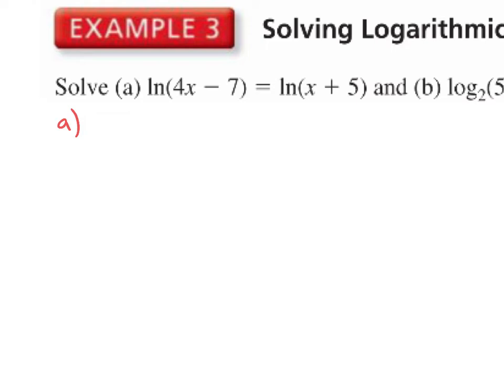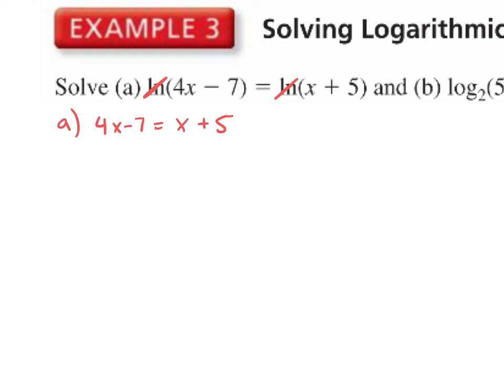Even easier than that, they just cancel. Since we have a single ln on both sides, they just cancel out. So then we're just left with 4x minus 7 is equal to x plus 5. When you have ln of something equal to ln of something, the ln's cancel, just set the insides equal to each other. Now we solve for x.